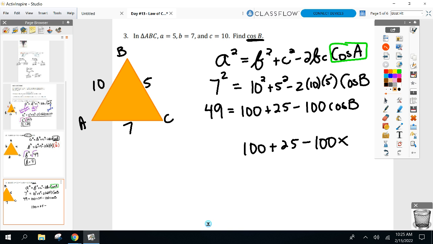Everyone's shaking their head no. Then you can't combine all 3 of these. This is just like having a variable there. You cannot do 100 plus 25 minus 100. But you can combine 2 of them up here. Which ones? The first two, 125. But not all 3.